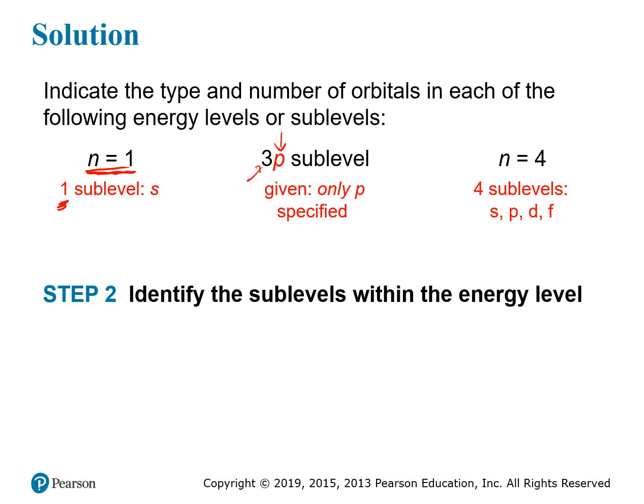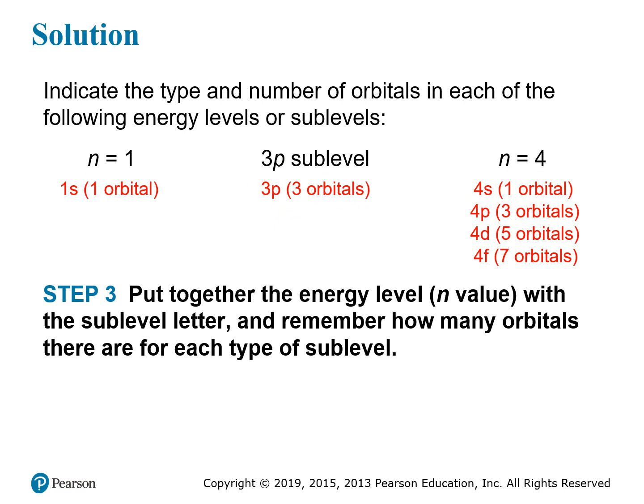So now we only need to worry about those orbitals within the p sublevel of n equals 3. For n equals 4, again, because the number of sublevels equals the n value, we now have to worry about 4 sublevels. Okay? And so the 4 sublevels, remember it always starts at s and proceeds from there, so we have s, p, d, and f. Those are the 4 sublevels.